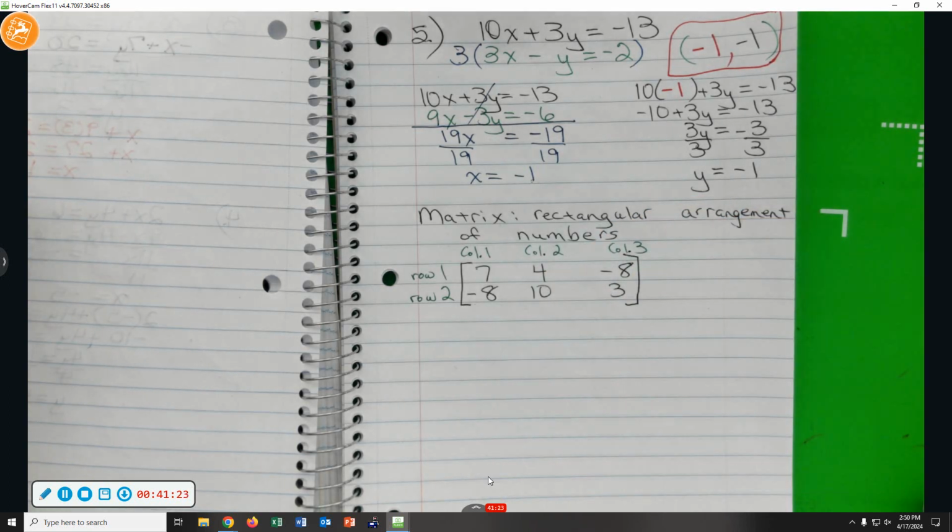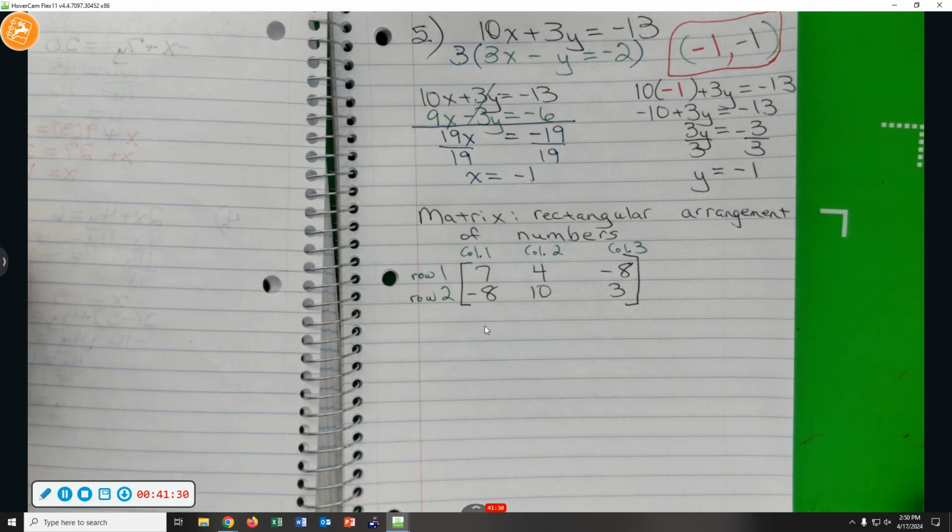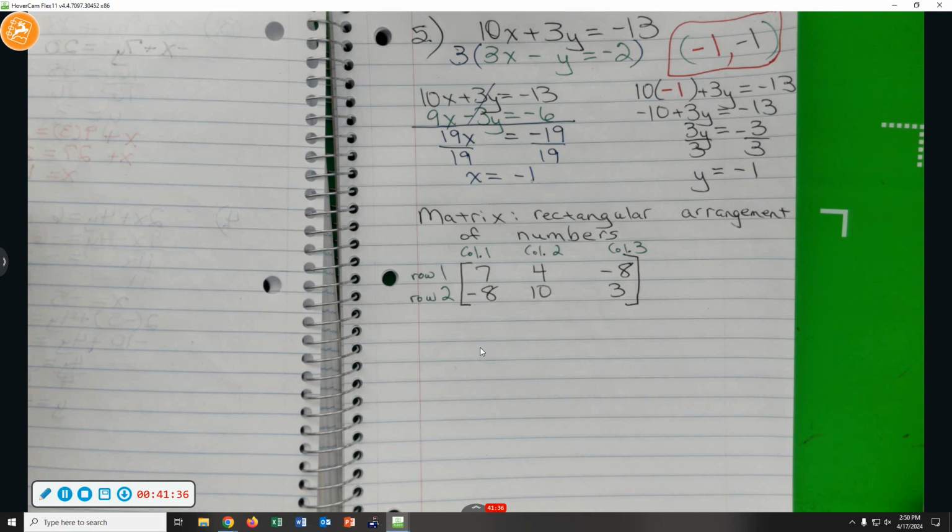The size of a matrix is given using its dimensions. Just think of a rectangular room. You're trying to give the dimensions of the floor space. You don't say this rectangle's dimensions are 7. You give it in terms of length and width.